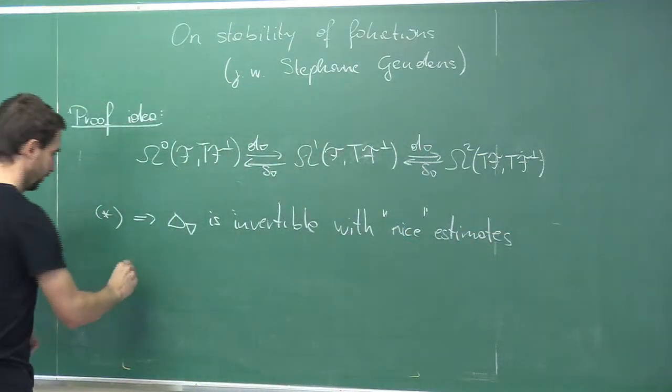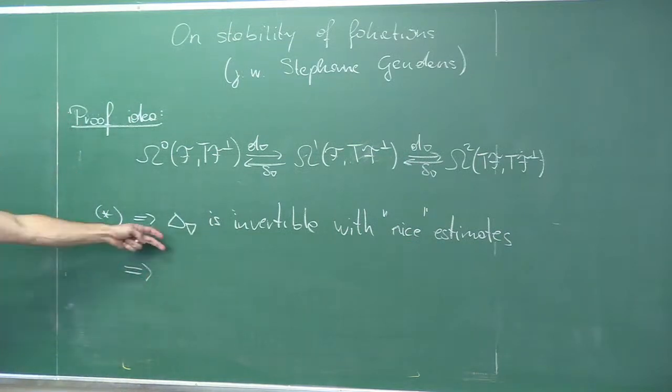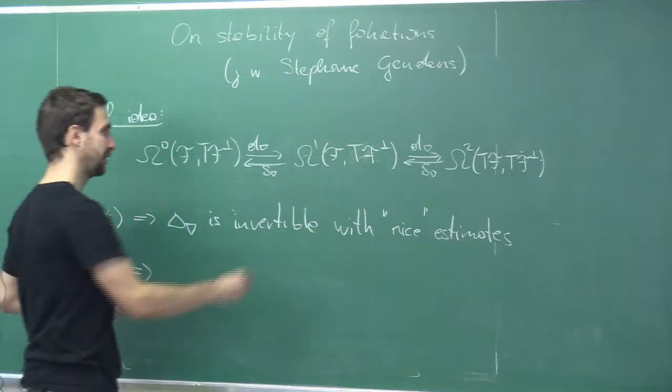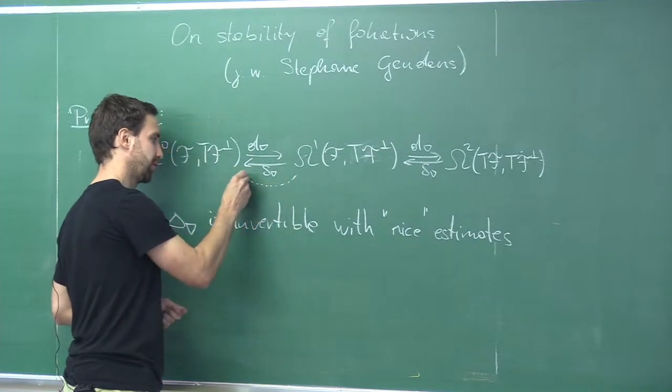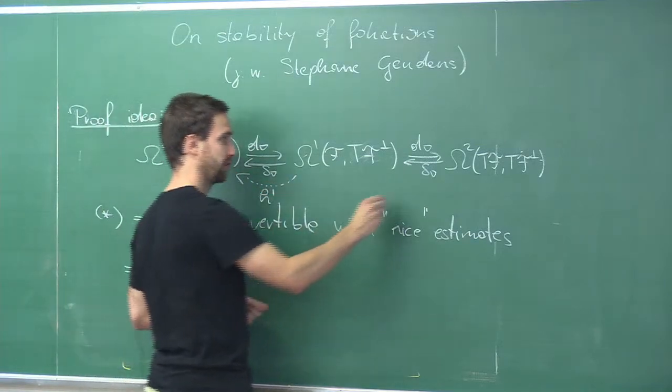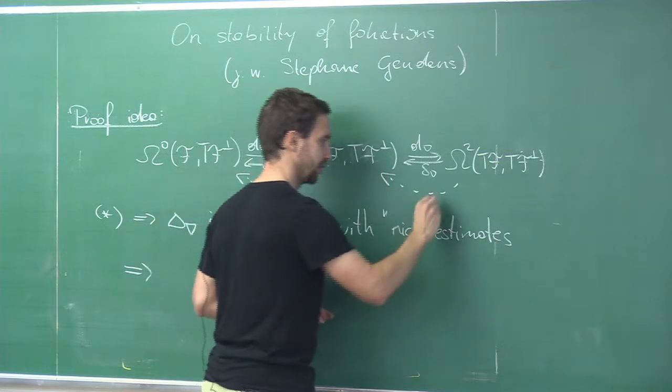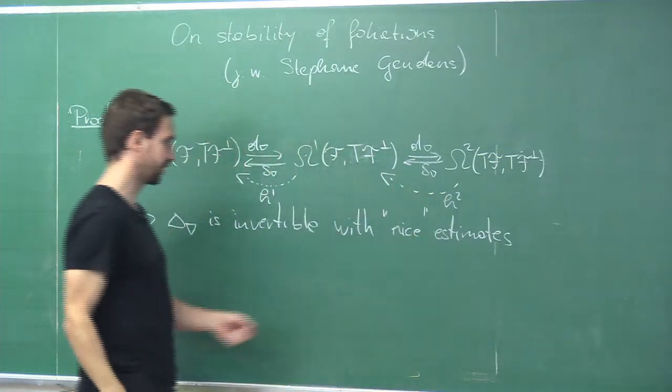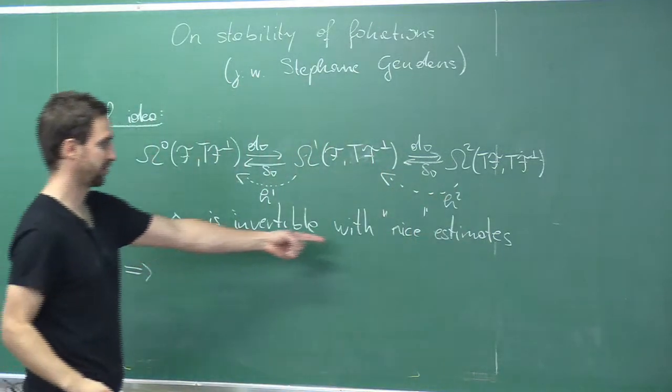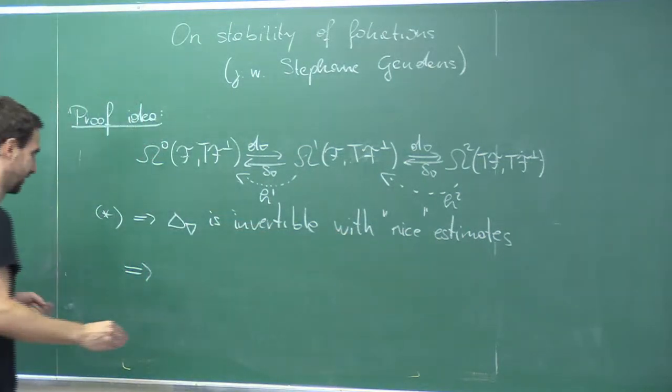And so, having this Laplacian being invertible, he defines cochain homotopy operators H1 and H2, which are tame. So I should say these estimates are maybe tame, what I call here nice.